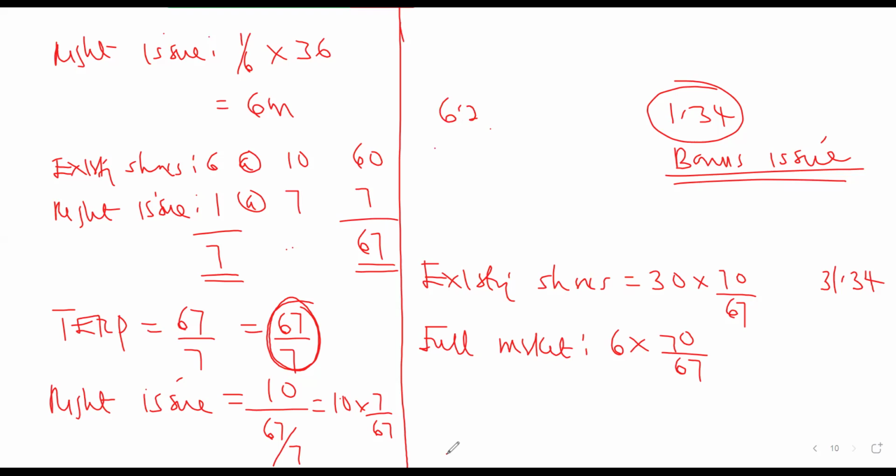But the shares was what? The shares was 6 million first, isn't it? So by how much has the share increased? 0.27. So the 0.27 is also the bonus issue that is out of the right issue on this one.